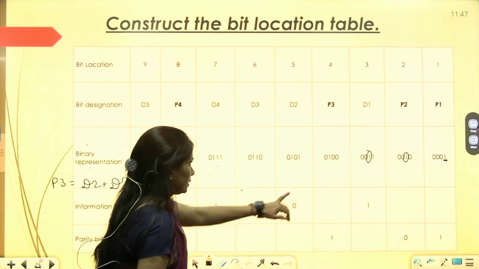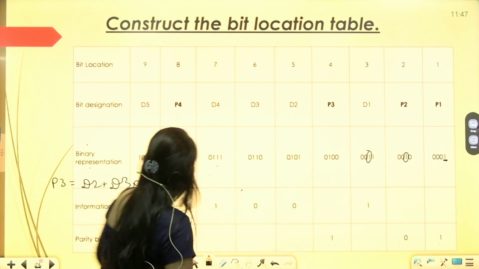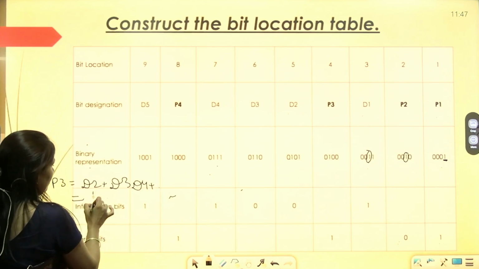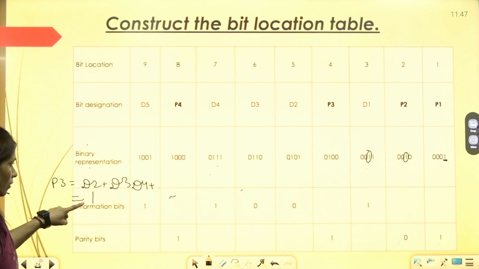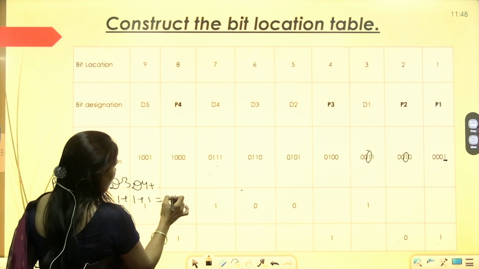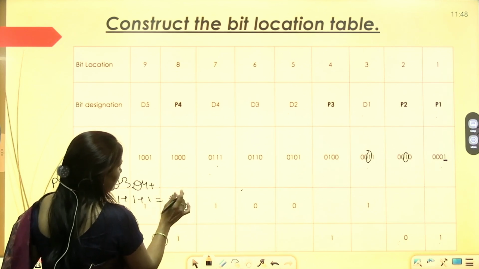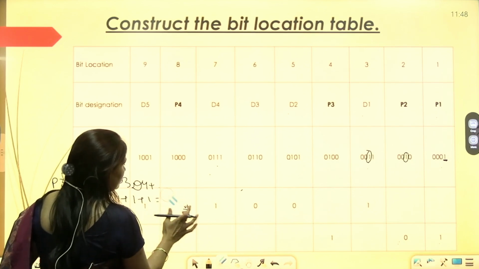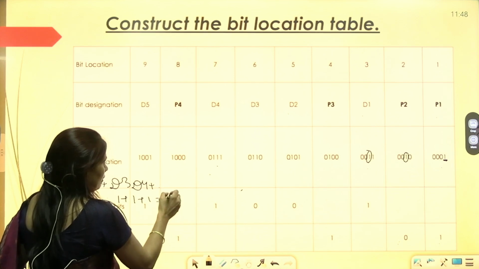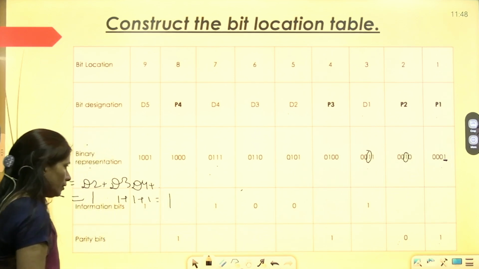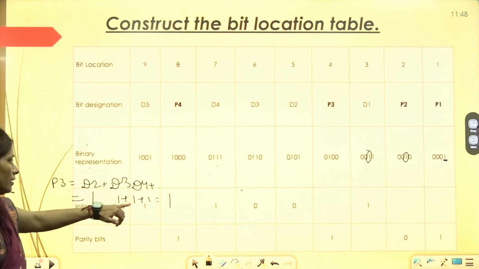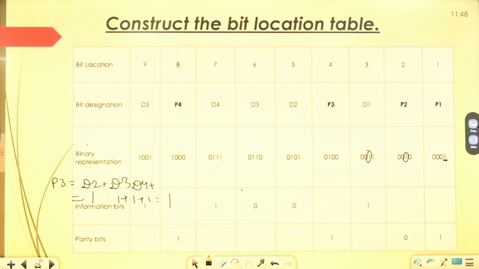Find whether the number of ones is odd; if so, add 1. 1 plus 1 plus 1, the number of ones is odd, so the parity bit value is 1. If the number of ones is odd, add 1, and if the number of ones is even, add 0.